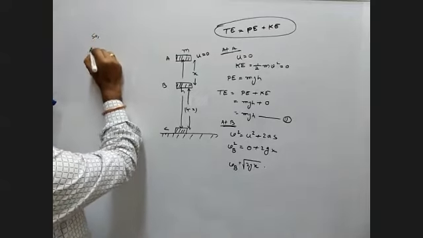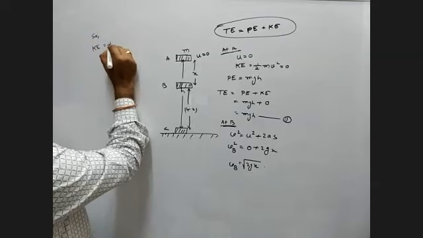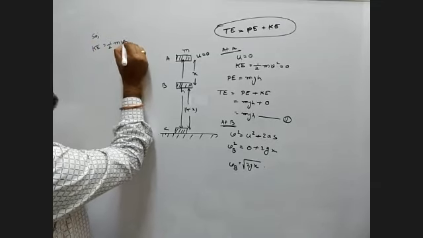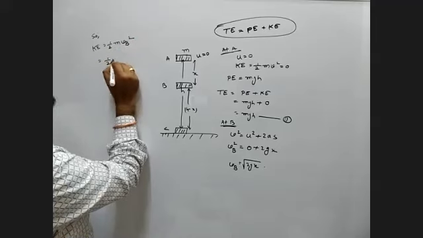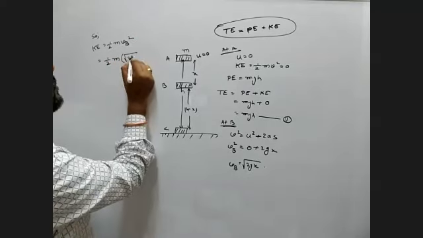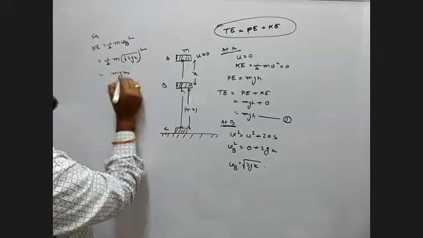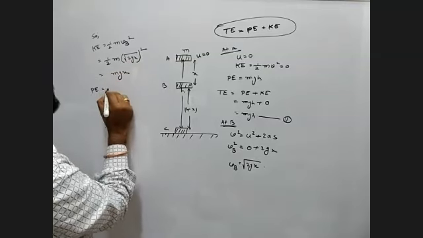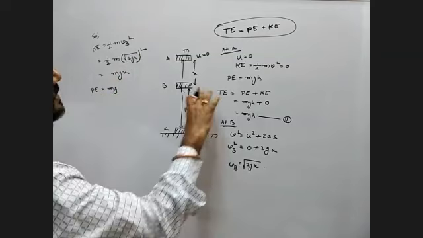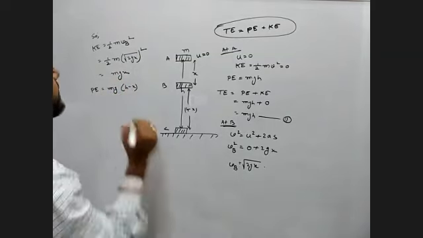So kinetic energy is half m vB square, which is half m root under 2gx whole square, which is mgx, and potential energy is mg times the distance h minus x.